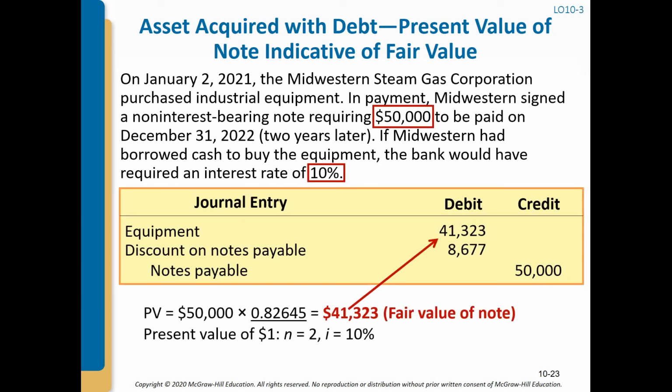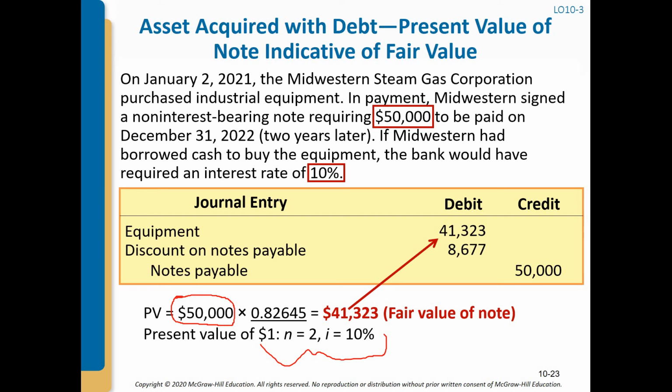So the value of the equipment on that date is 41,323. How? See what we have done. We have calculated the present value of this 50,000, correct? This is the present value factor. I will show you in the problem that we will solve.